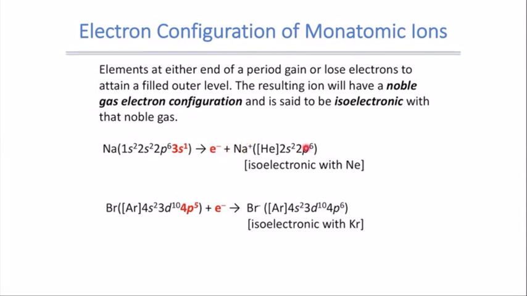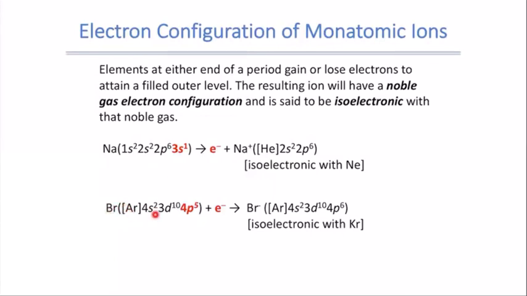Sodium plus has the exact same electron configuration you see as neon. And so when we're looking at our metals, when they lose electrons, they tend to want to create something with a similar electron configuration to a noble gas. And this is what we say is isoelectronic. They have the same electronic configuration, so we call it isoelectronic.